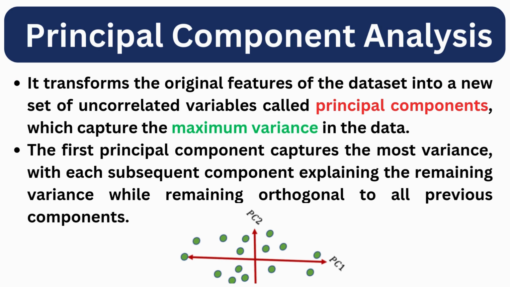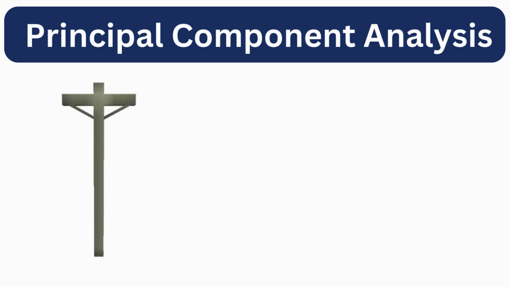It transforms the original features of the dataset into a new set of uncorrelated variables called principal components, which capture the maximum variance in the data. The first principal component explains the largest variance, and each subsequent component accounts for the remaining variance while being orthogonal to the previous components.